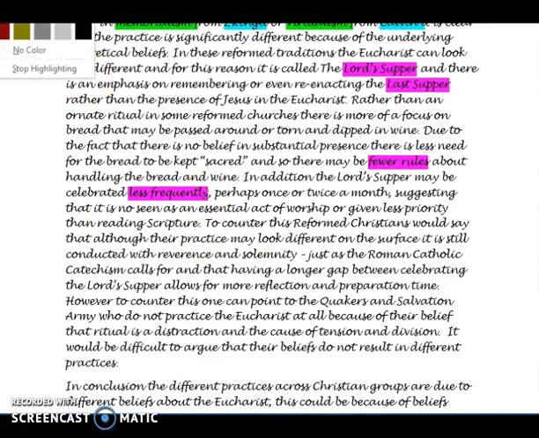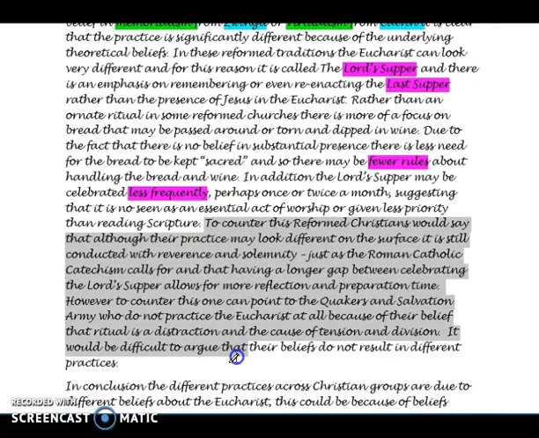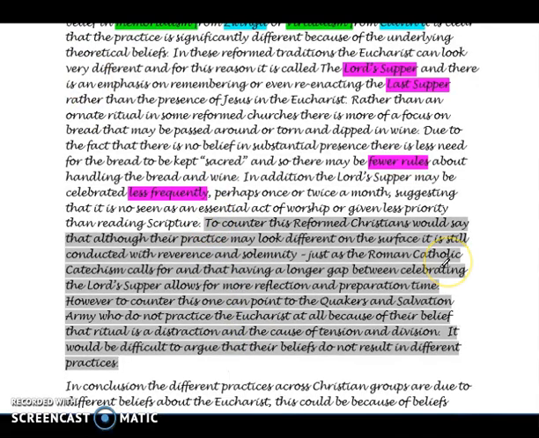But then I'm going to counter that and I'm going to say, but actually, a member of these Reformed churches might say you're focusing too much on the differences, and the different beliefs don't necessarily mean a hugely different practice.